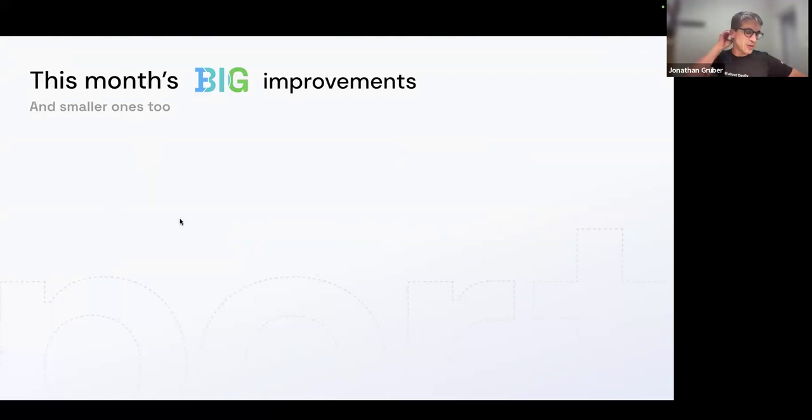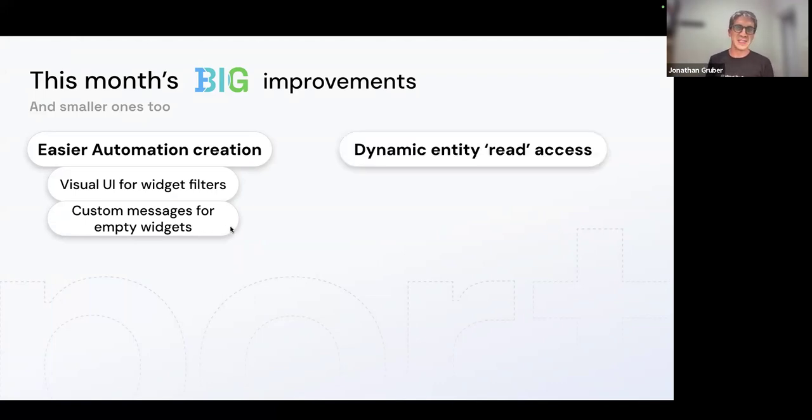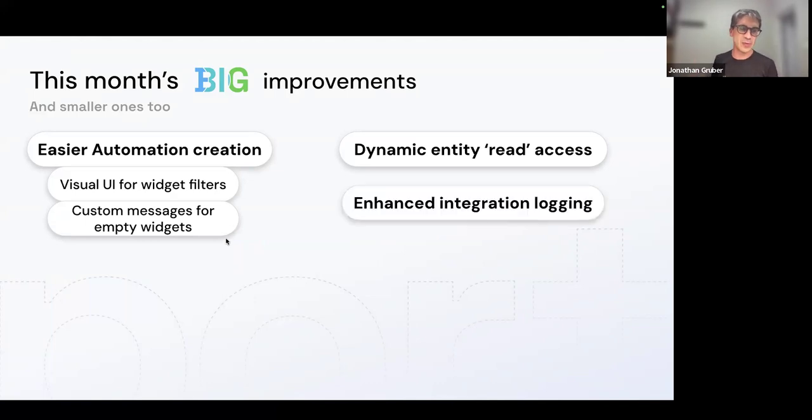So what are we going to talk about today? Easy automation. There's a lot happening around automations and workflows, and I'll share more details today. We started with small UI improvements. Dynamic entity read access, an advanced feature for enterprise, and I will explain what it is. We're going to talk about enhanced integration logging.